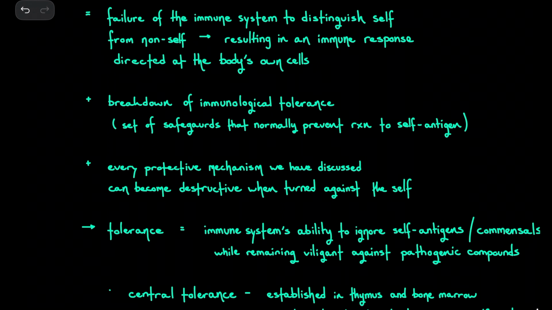So let's talk about tolerance. All right, what is tolerance? Well, it's the immune system's ability to ignore the self and commensal bacteria while remaining vigilant against anything pathogenic. Okay, again, tolerating the self. Those cells that are taking care of my physiology should be left alone because they're keeping me alive. Commensals, yes, they're bacteria, but they should be left alone because they're helping me digest.